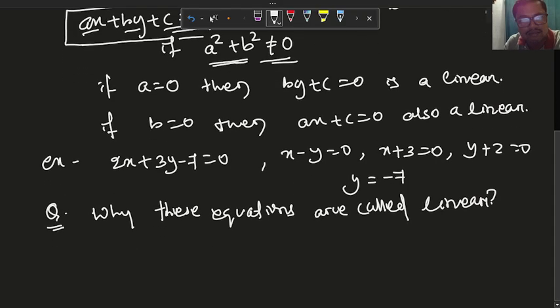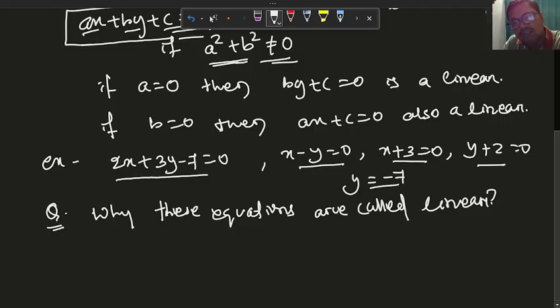We can answer this question by graphing or plotting these equations on paper. Let's first understand their graphical or geometrical representation.